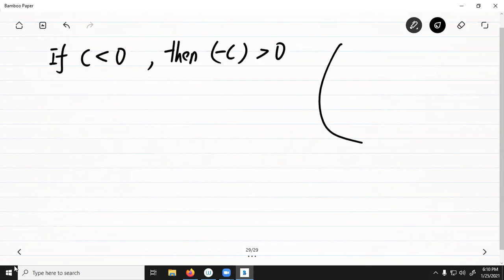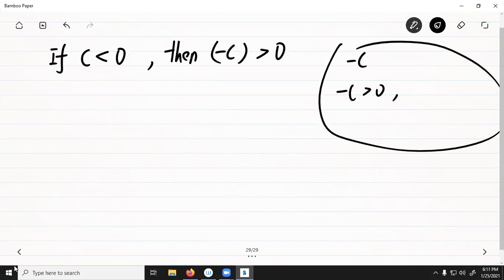Okay, so I write here, you have three results. If you have a number negative C, you only have these three choices: negative C is positive, or negative C is negative, or negative C equals 0, right? This one is impossible because we already assume C is less than 0, so C is not equal to 0. So why is this not true?